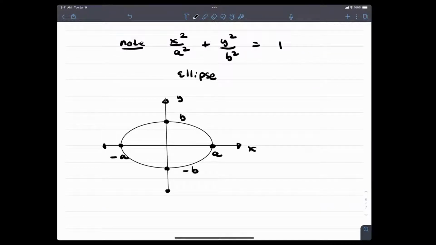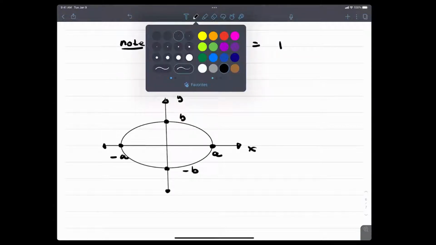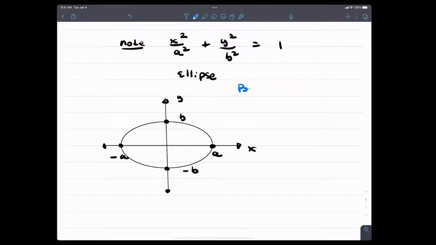Okay, and do you remember in calculus we want to find area? Bounded area. Remember this idea from calculus 1? There's a way to do this. You can't do this until you take calculus 2.